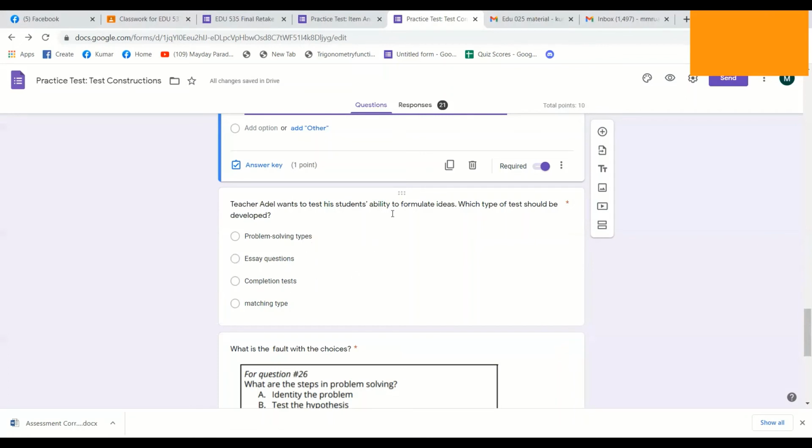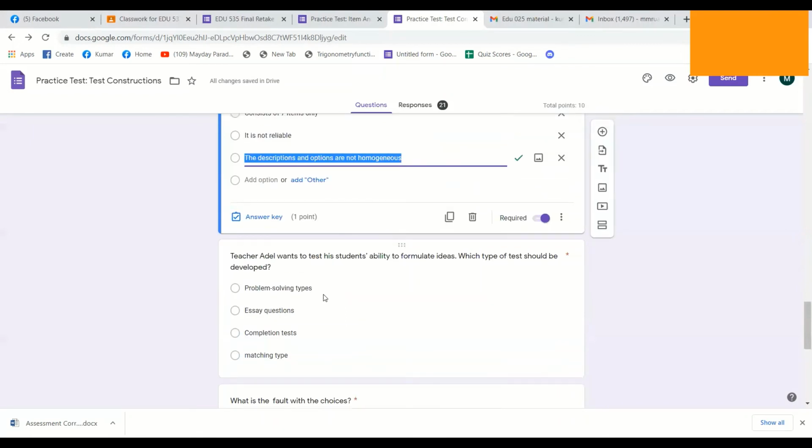So my best answer here is problem solving type. The best answer here is problem solving type because you allow students to think critically and to formulate new ideas in order to solve a particular problem.